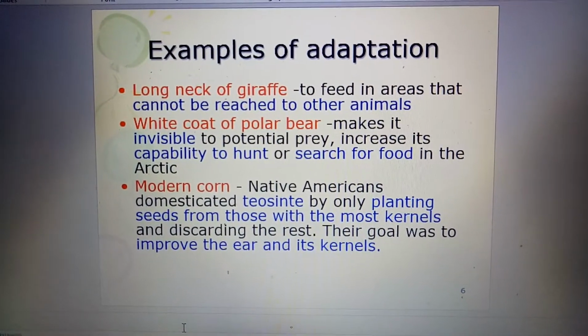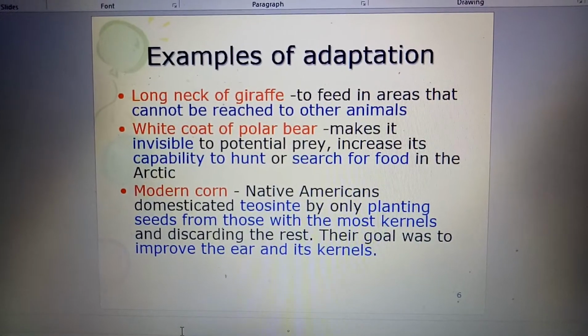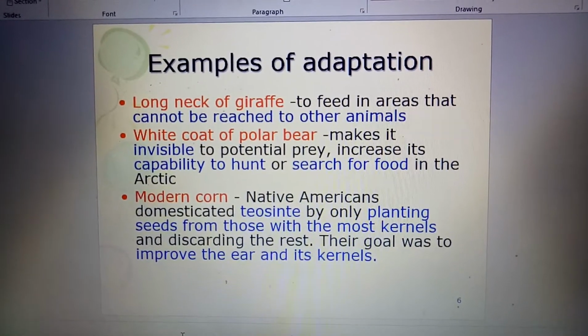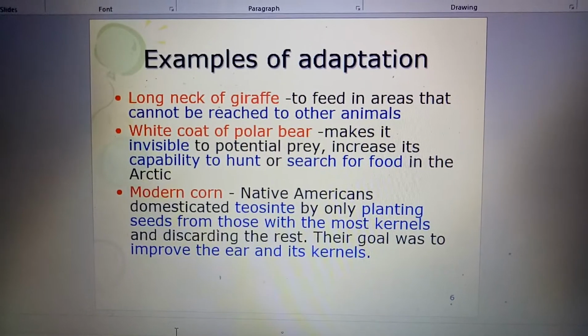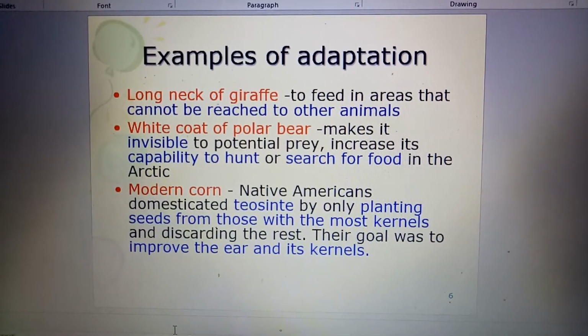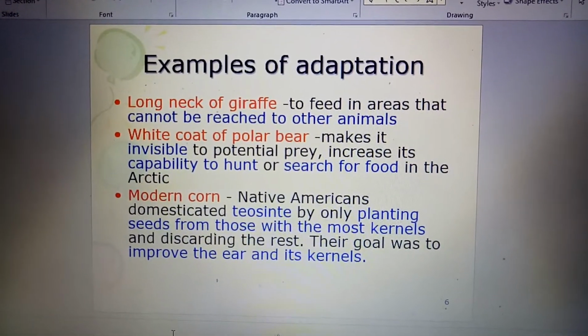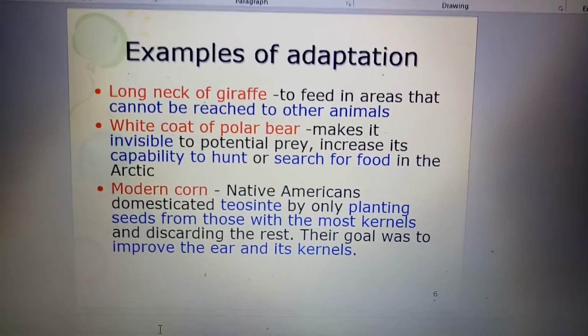In addition, for modern corn, as I told you just now, Native Americans domesticated teosinte seeds by only planting seeds from those with the most kernels and discarding the rest. The goal was to improve the ear and its kernels. So this is about adaptation with 3 types of examples.